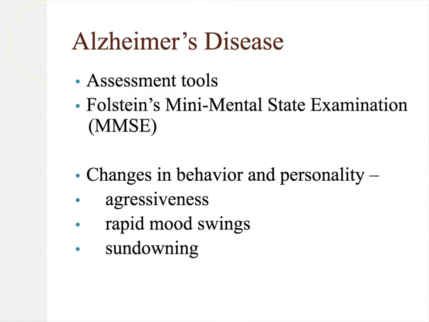Oftentimes, towards the later stages of Alzheimer's disease, the patient will present with very significant changes in their behavior and personality. This can be difficult for the families because sometimes it can be the sweetest person that in their younger age was very sweet, very kind. They can become aggressive verbally and physically, have rapid mood swings, and have sundowning, which is increased confusion at night or when the light is not adequate.